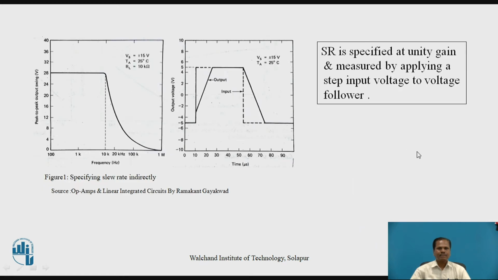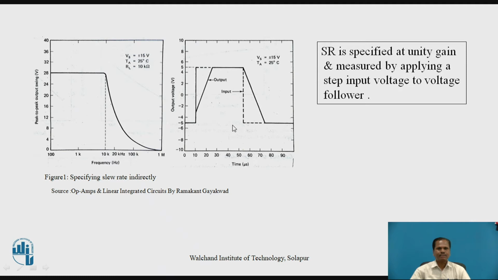As well, the slew rate of operational amplifier is specified in the data sheet by a plot of peak to peak output voltage swing versus input signal frequency. So this plot shows the variation of output voltage swing of operational amplifier as input signal frequency increases.